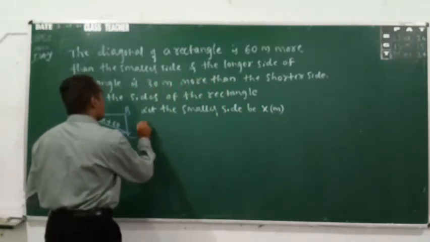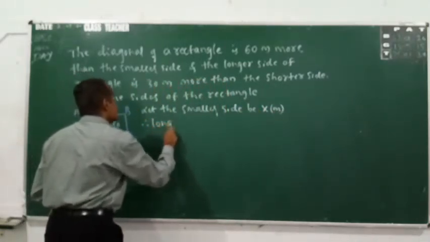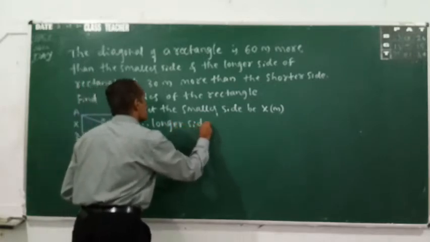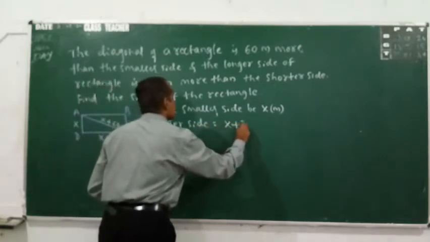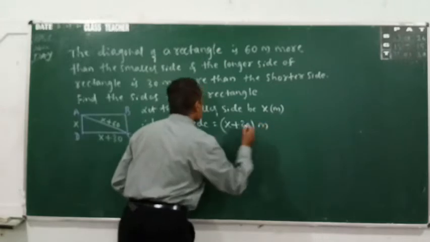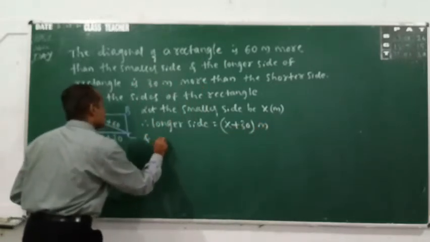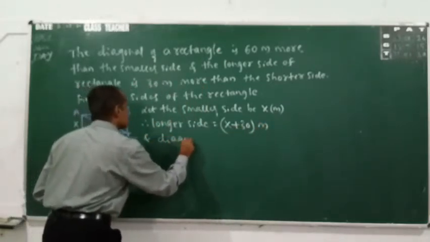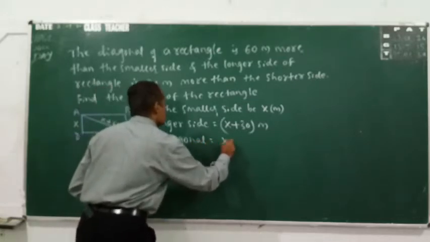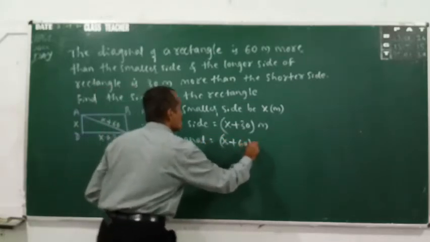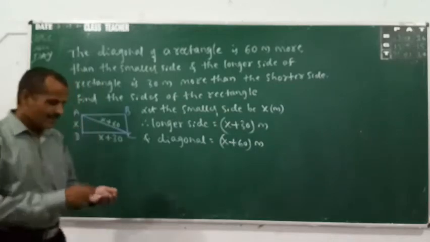Then, therefore, the longer side equals X plus 30 meters, and the diagonal equals X plus 60 meters.